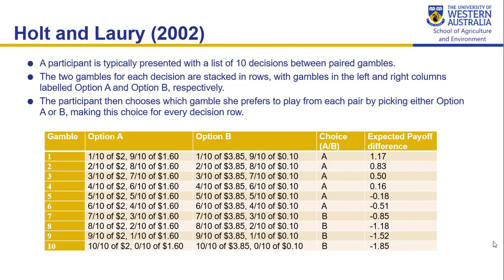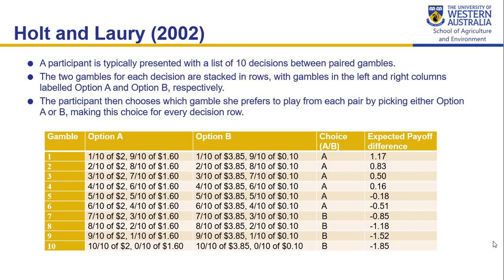So let's have a look at gamble number 1, where under option A, there is a 10% chance of getting $2 and 90% chance of getting $1.6. Option B is 10% chance of getting $3.85 and 90% chance of getting $0.1.